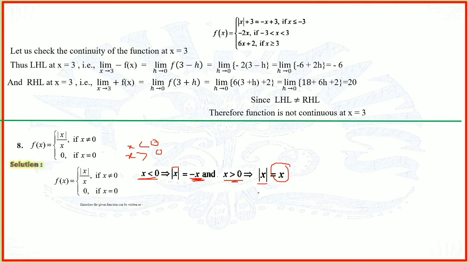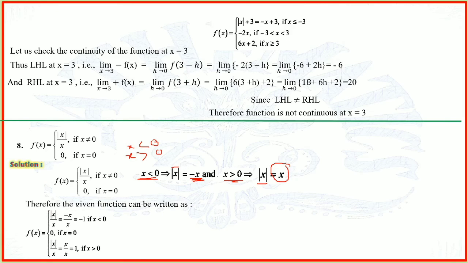So now we will redefine this function. Therefore the given function can be written as modulus x upon x is equal to, as I told you, the condition is x is less than 0. So at that point modulus is removed, so minus x, and then x and x cancel. So the value of function will be minus 1. And it is given, it is 0 when x is equal to 0. So that is already written.